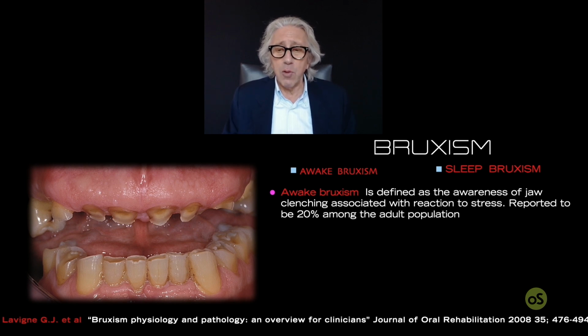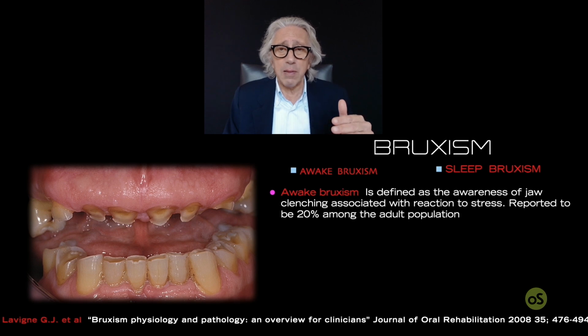On the other side, sleep bruxism seems to be a kind of sleep disorder regulated by the central nervous system. It seems to involve microarousals, with respiratory and cardiac rhythms that go up 10 to 14 times per hour.